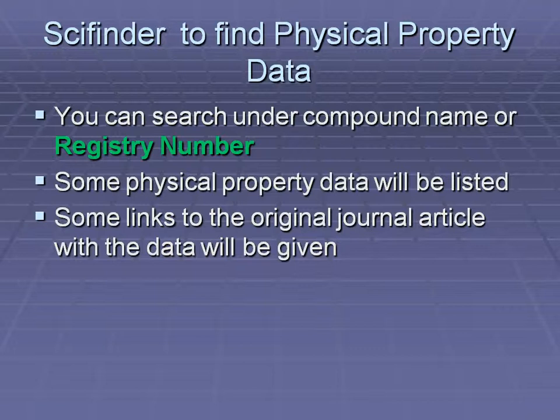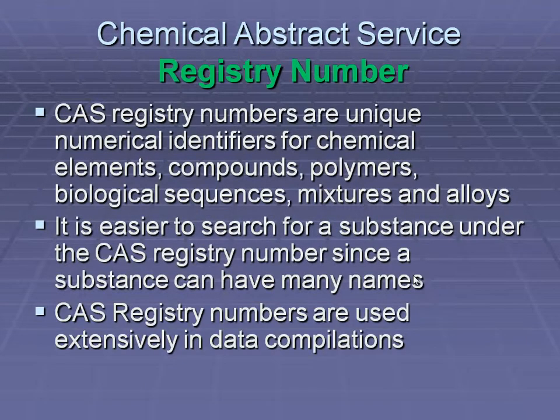It may be difficult to search databases under the name of the substance. That's why it's very often easy to search under a registry number. They're unique identifiers for chemical elements, compounds, polymers, and so on.